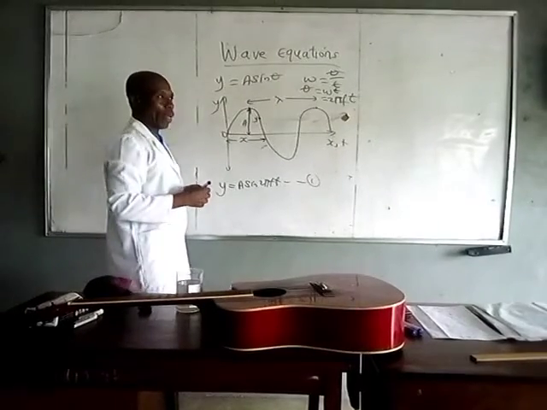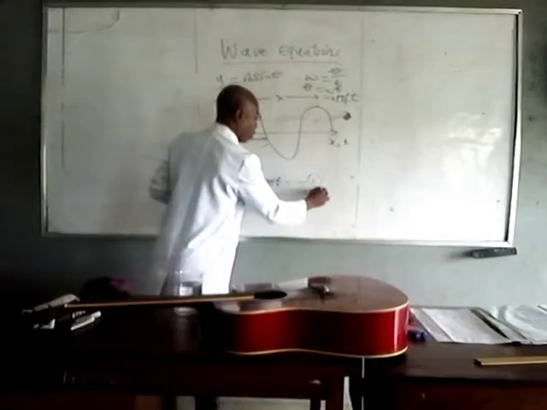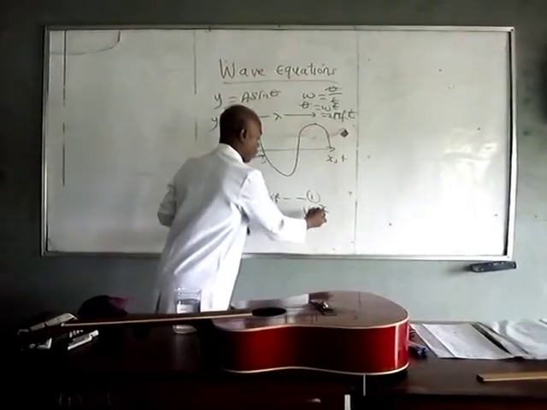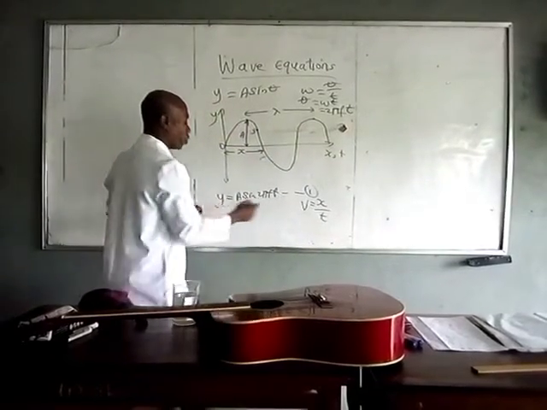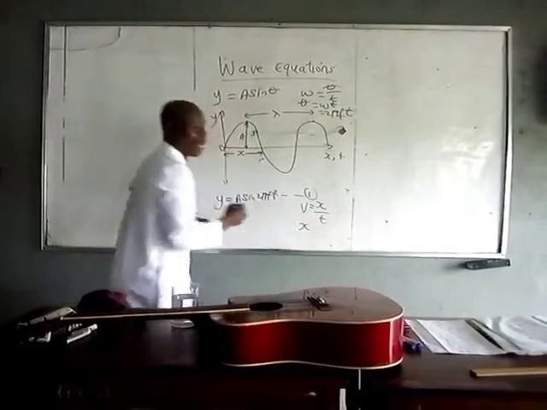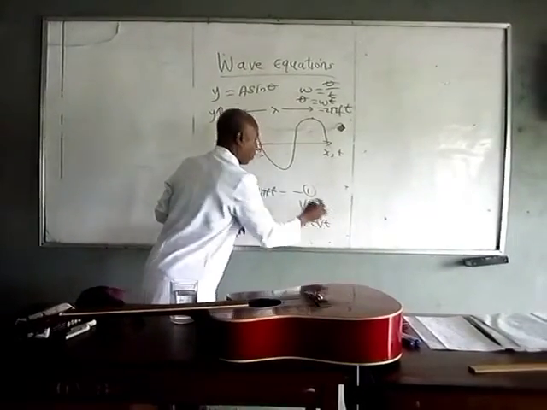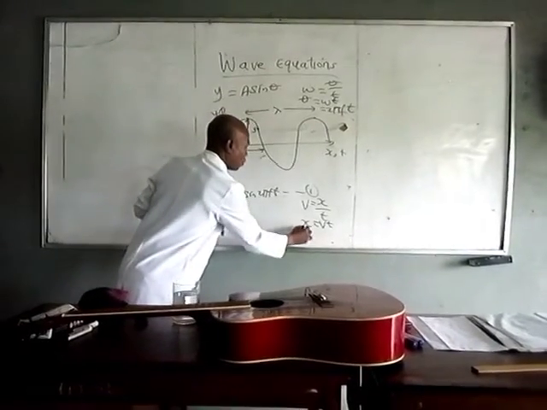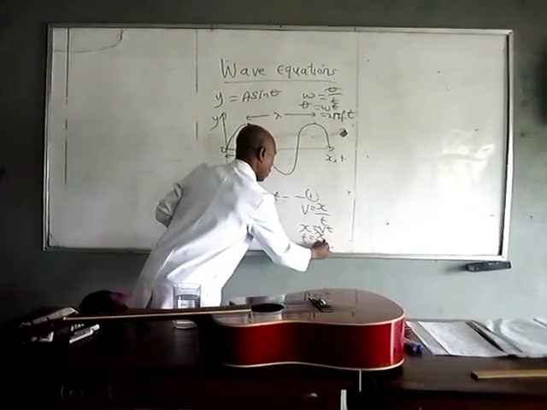And speed of the wave, v, is equal to distance covered by the wave in a given time. And also, this horizontal distance, x, is equal to vt. Therefore, t is equal to x over v.